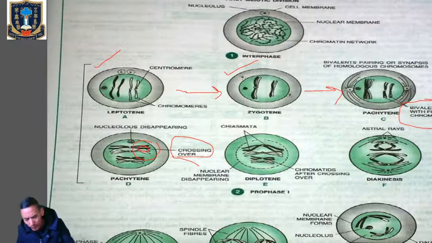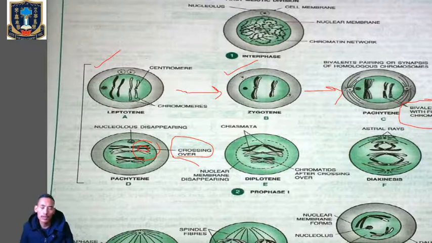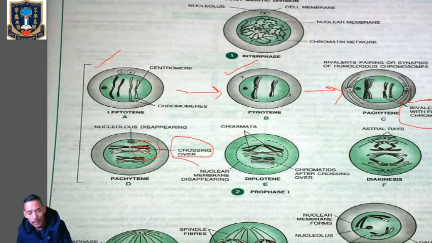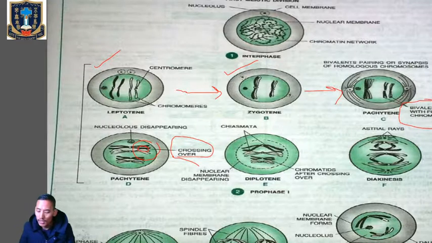Okay, and crossing over leads to recombination of genetic material on the two chromosomes, or the formation of genetic combinations. Clear? And the recombination between homologous chromosomes is completed by the end of pachytene, leaving the chromosomes linked at the site of crossing over. So we are moving to the next phase now.